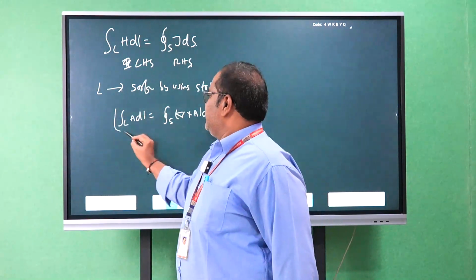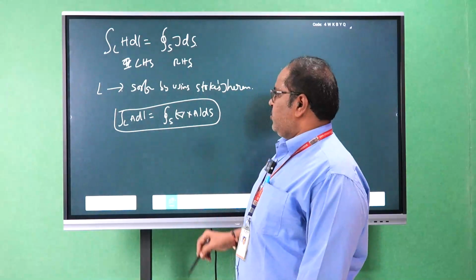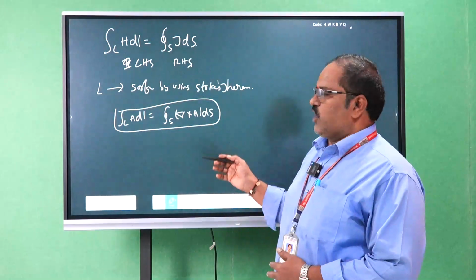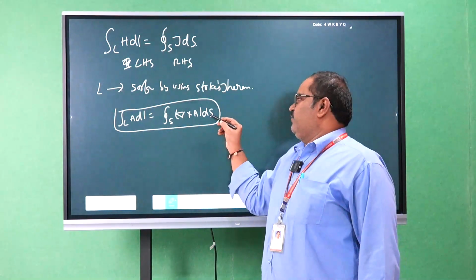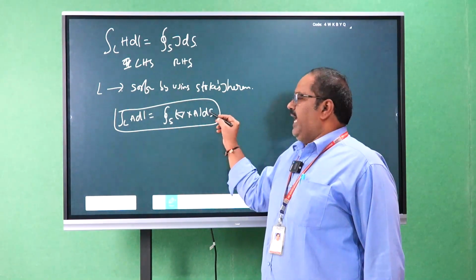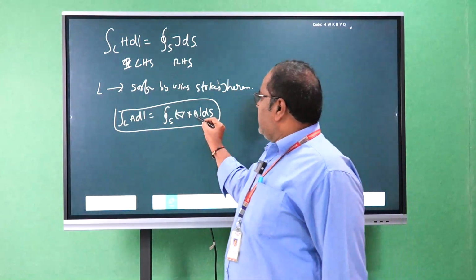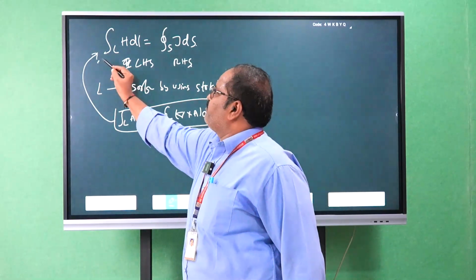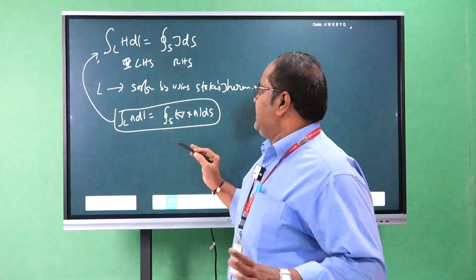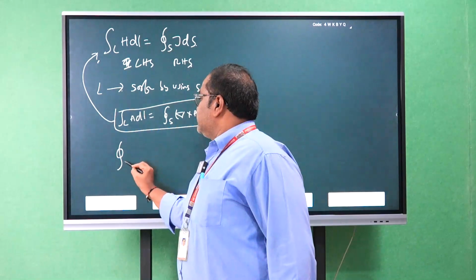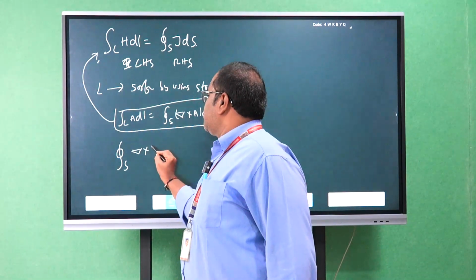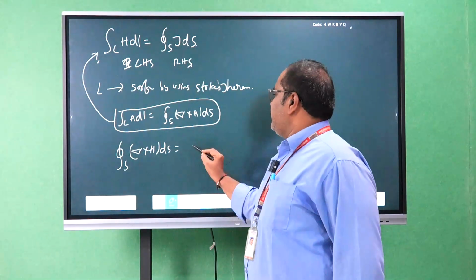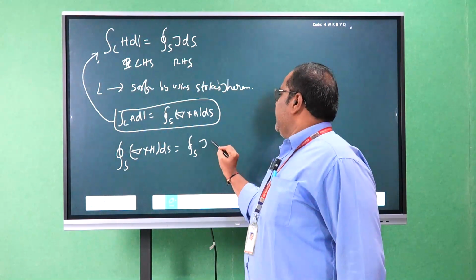Very, very important: the line integral of a vector A is equal to the surface integral of the curl of the vector field A dot ds. This formula is applied to the left hand side of this equation, which changes to a surface integral. The surface integral of del cross H dot ds is equal to the right hand side, the surface integral of J dot ds.